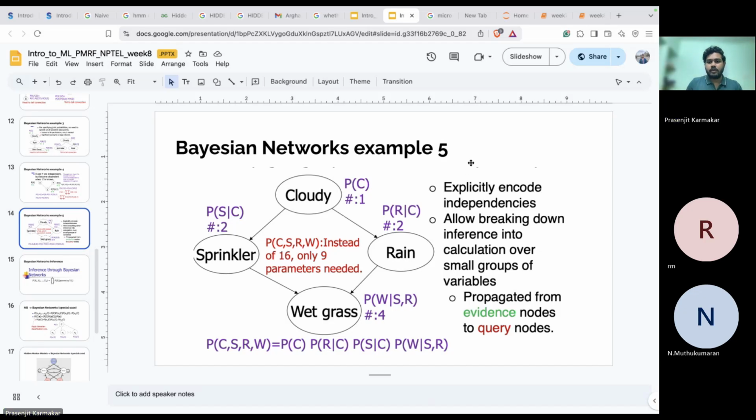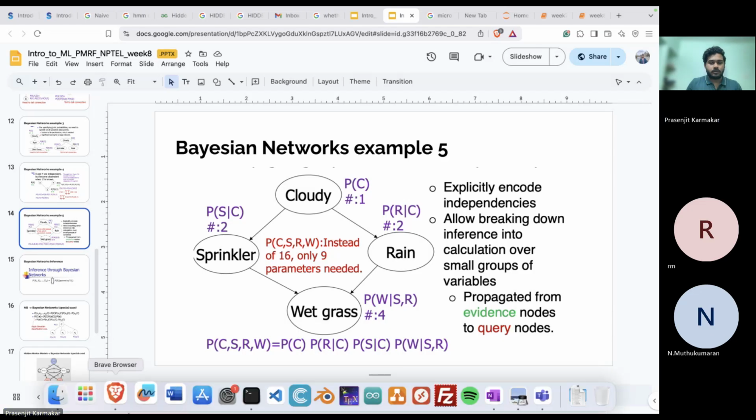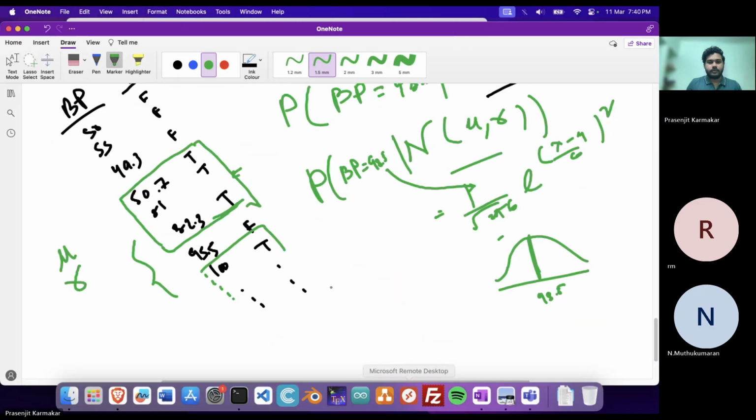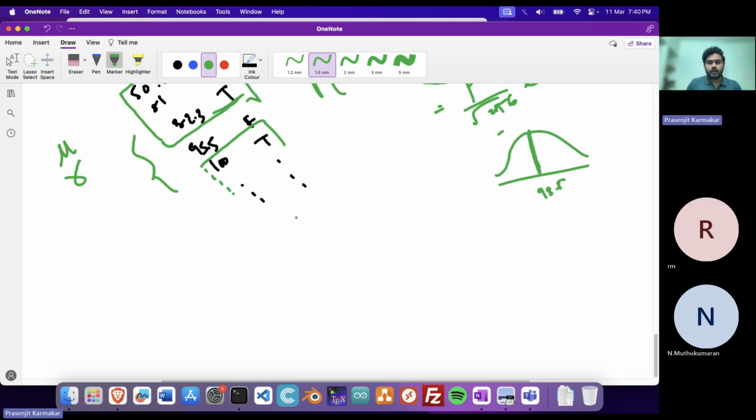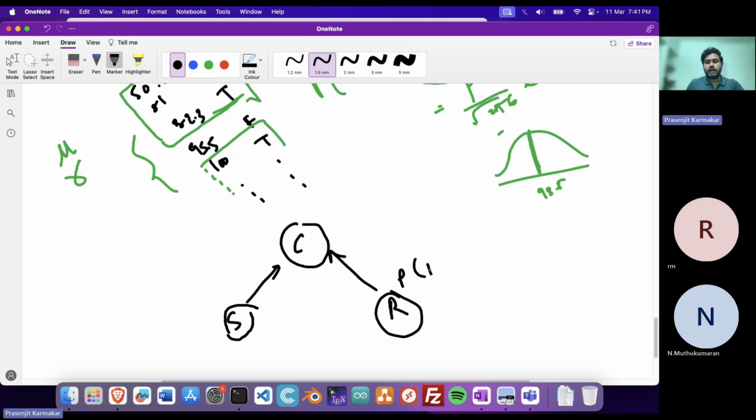So my diagram is this: this is C, and then here you have S, and also you have R. What we know: probability of R given C, we just get it from the data.